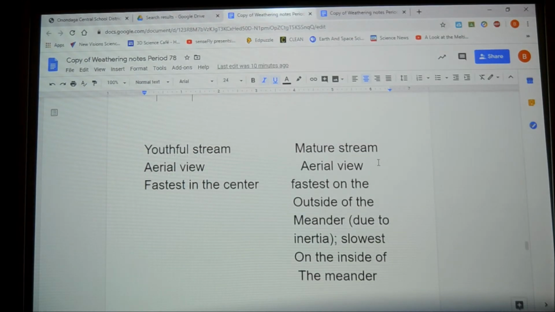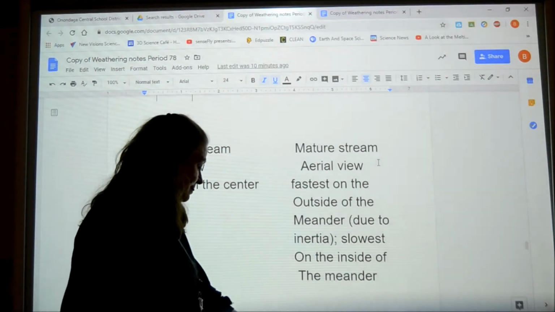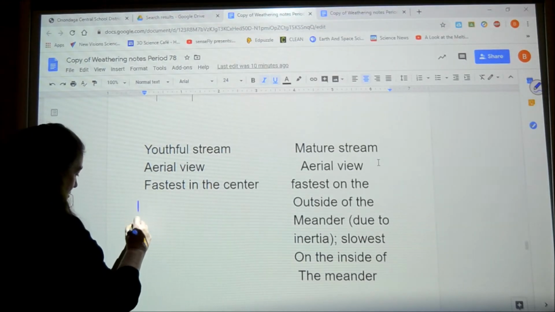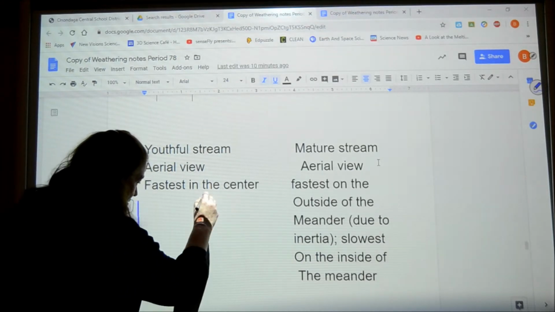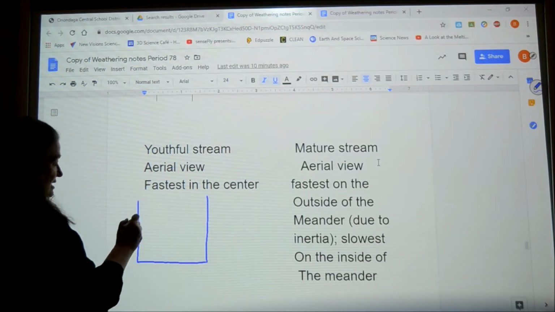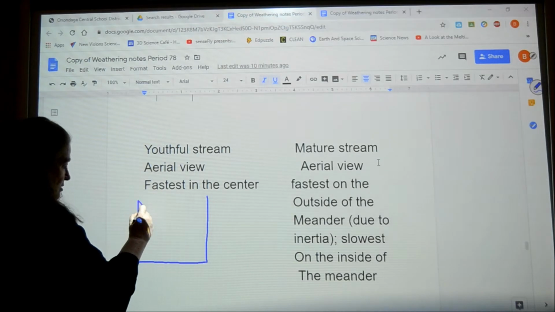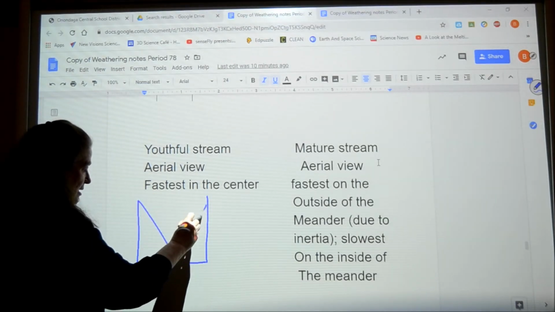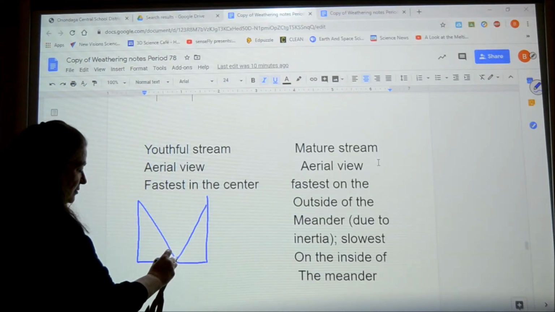So if I was looking at my channel shape, my straightaway, it's moving quickest at the center. So that means I'm eroding most in the middle.